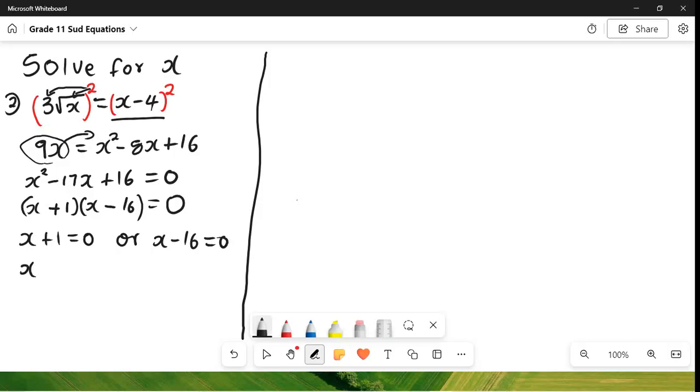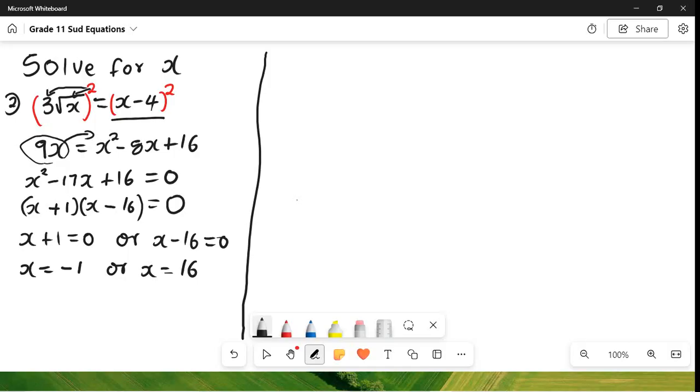The value of x in this case is, we transpose the positive 1 to the other side, is going to be minus 1. And when we transpose negative 16 to the other side, is going to be positive 16. So our x equals minus 1 or x equals 16.